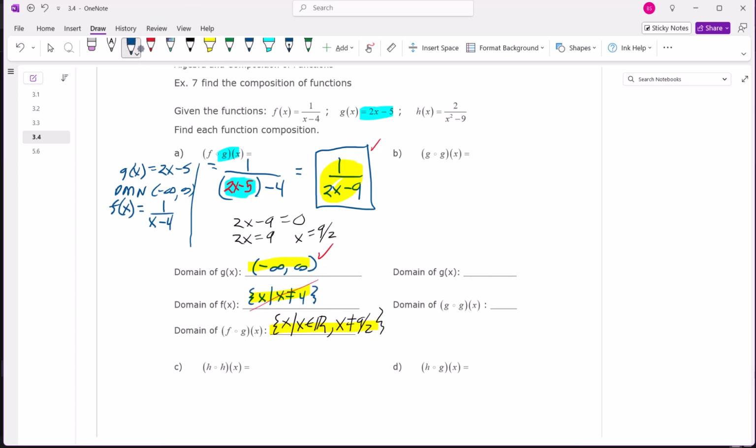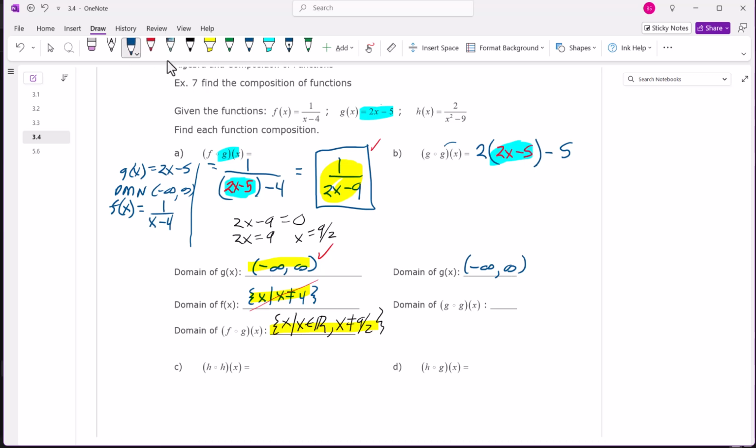Okay, next thing, g composed of g of x. Well, we have to look at g of x. The domain of g of x, again, is all real numbers. So when we do this, we just write down the function 2 times something minus 5, and what plugs in is that same function.